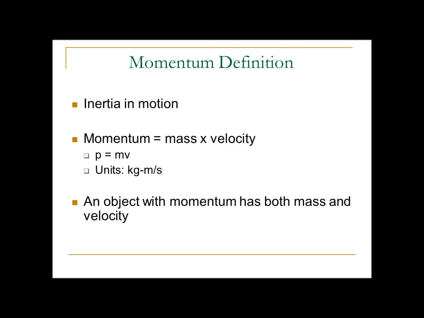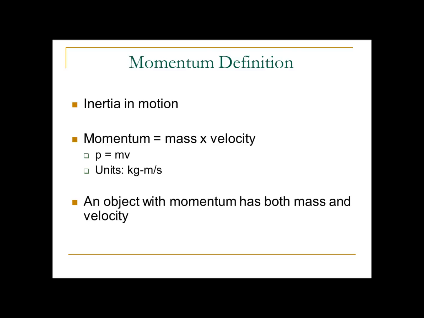Since it's inertia in motion, a direct measure of inertia is mass. The more massive an object is, the more inertia it has. So, for example, if something is sitting still, then it has a lot of inertia to overcome to start moving. If it has a lot of mass and it's moving, then it has a lot of inertia to continue to move.